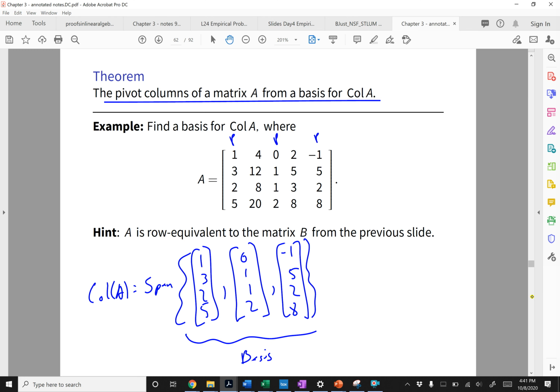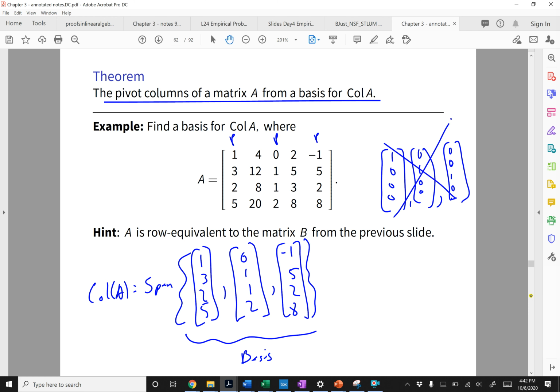So once you row reduce it, we'd have 1 0 0 0, 0 1 0 0, 0 0 1 0. Even though this reduces and the pivot columns become this, this is not the same basis.